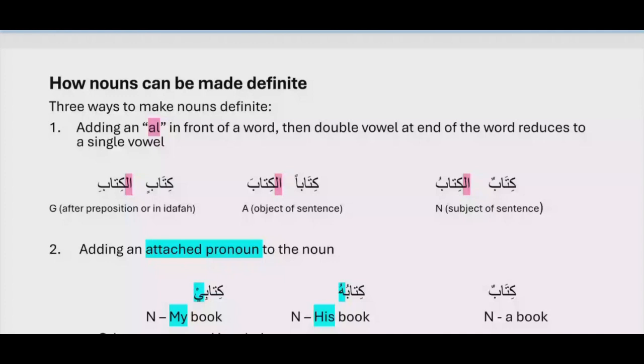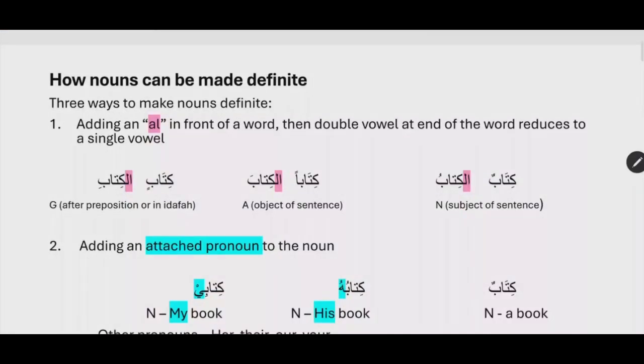So if you have any word like kitabun, and you add al to it, you get al kitabu. So what changes here is this double vowel becomes a single vowel when al is added to the front. So this is how it's changed when it appears as the subject of a sentence.